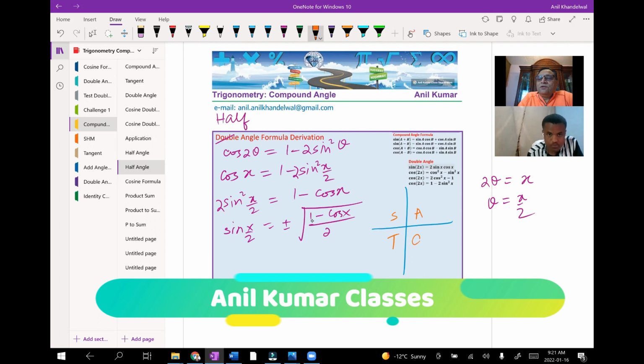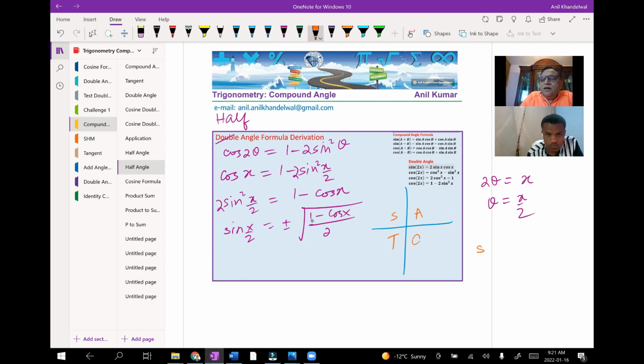So can you tell me the exact value of sine 15 degrees? Sine 15 degrees will be in quadrant 1, so it will be positive, correct? So tell me, how will you find sine 15 degrees?